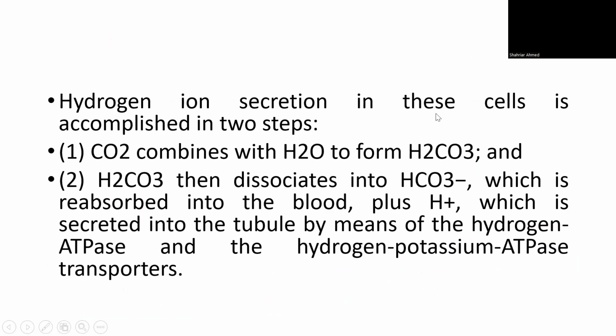Hydrogen ion secretion in these cells is accomplished in two steps. Carbon dioxide combines with water to form carbonic acid. Carbonic acid then dissociates into bicarbonate, which is reabsorbed into the blood, plus hydrogen ion, which is secreted into the tubule by means of the hydrogen ATPase and the hydrogen-potassium ATPase transporter.